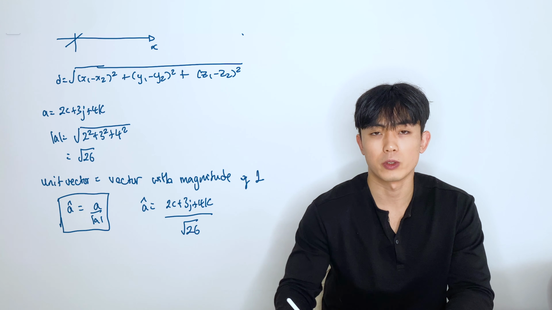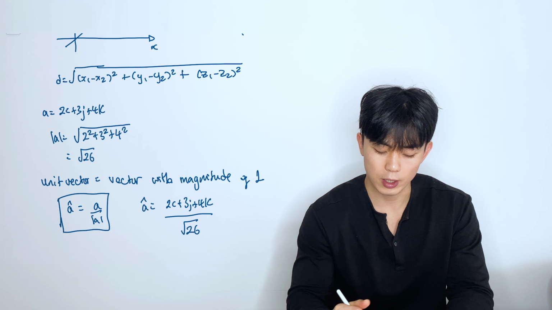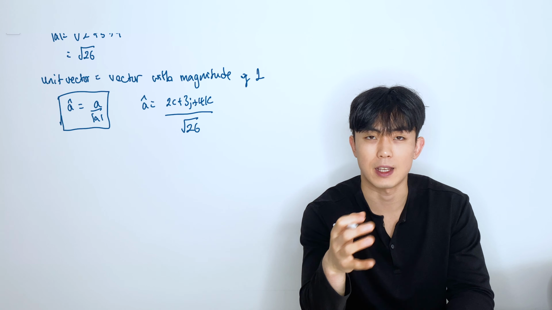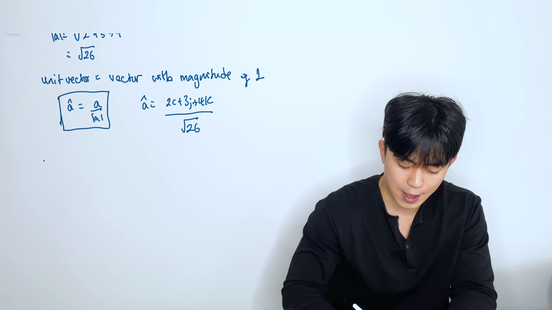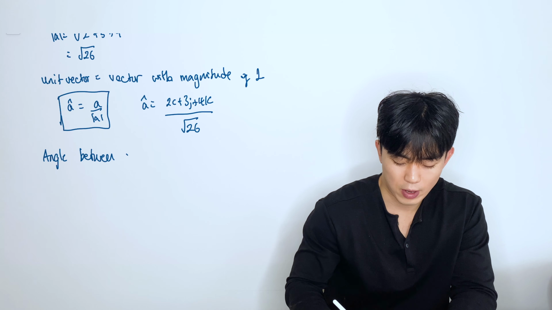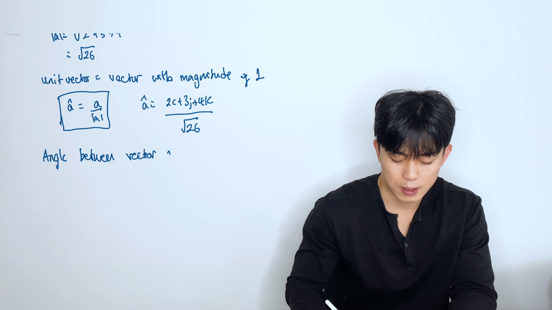So this part is all stuff we've learned previously, but now we can look at finding the angles between a vector and an axis. So this is finding the angle between the vector and positive axes.